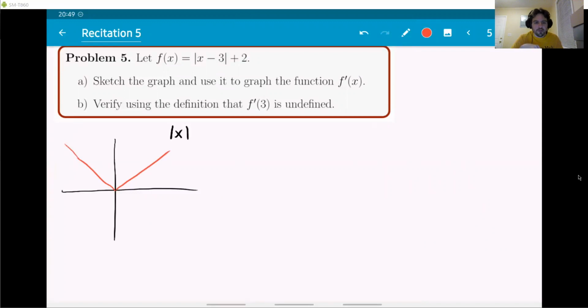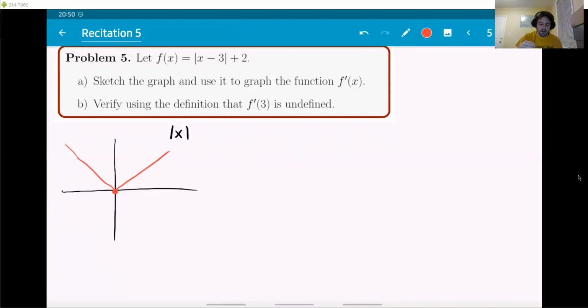So that's the absolute value function. And it is defined at 0. Absolute value of 0 is 0. Now, what we have done to it in order to obtain f, we've done a transformation of the x variable by subtracting 3. This is going to shift the graph to the right by 3 units. And we've also done an overall translation by 2 in the whole formula. It's added 2.